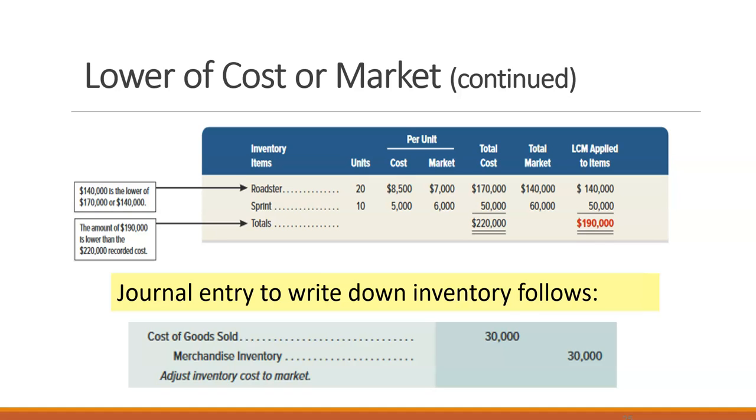This allows us to reduce the market value of our merchandise inventory by $30,000. So we take that amount down, we record the $30,000 to cost of goods sold, and we reduce the amount in our merchandise inventory by $30,000 to adjust our inventory cost to market.